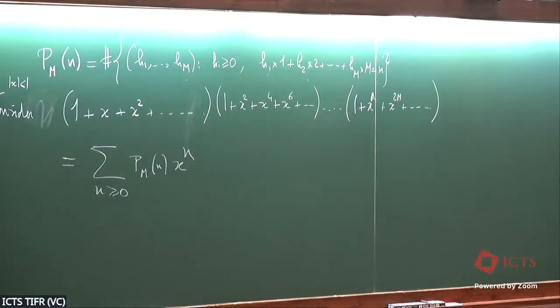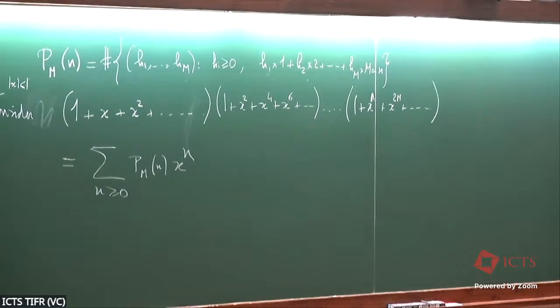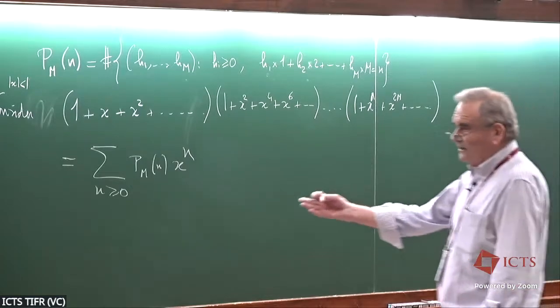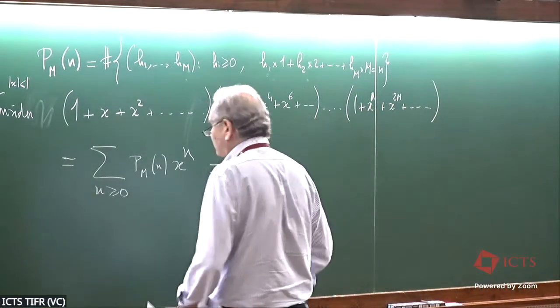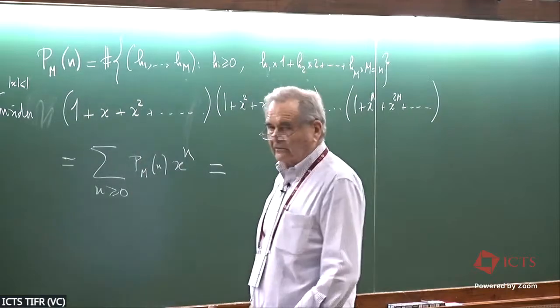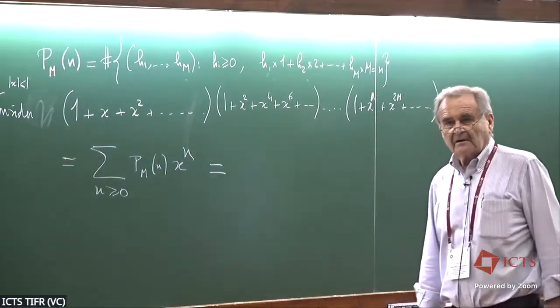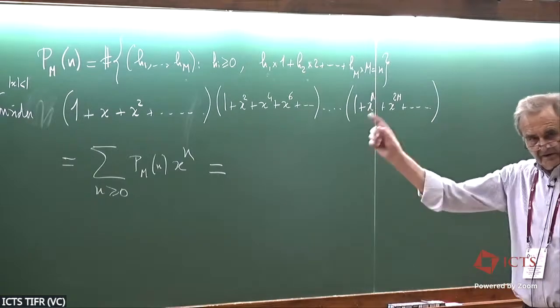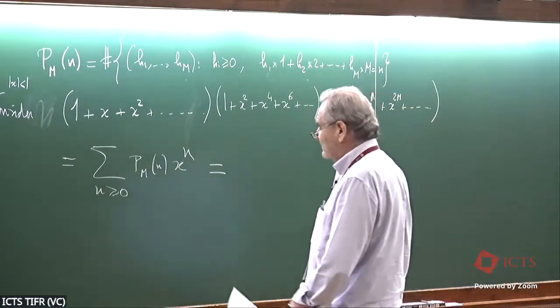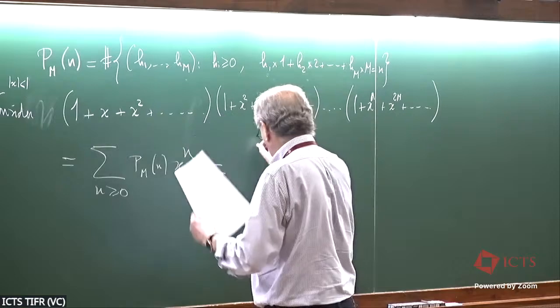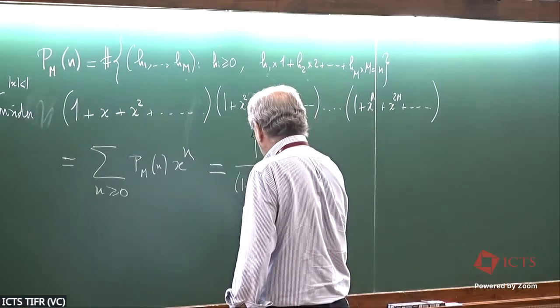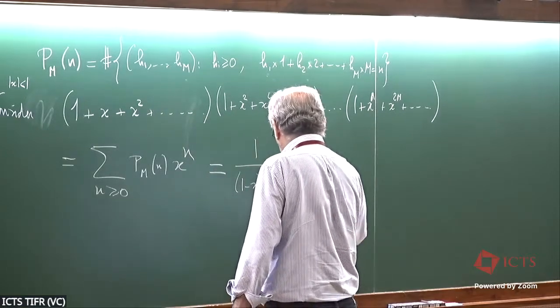Always by the little exercise which we didn't do at the beginning. So you can also write it as we did for the sum of powers. We know how to sum the powers, geometric progression. And so this will be 1 divided by 1 minus x, blah, blah, blah, 1 minus xm.